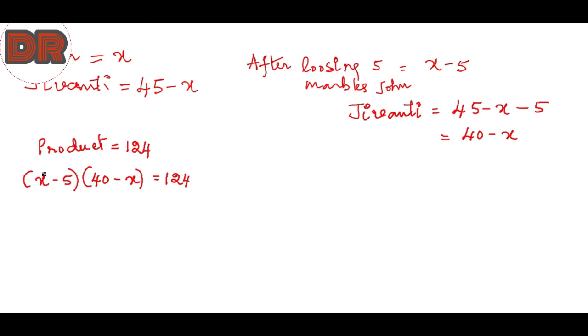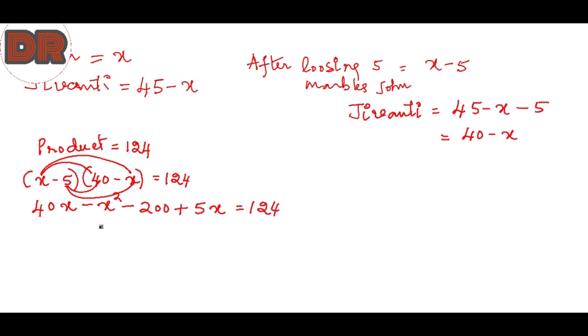Now we can multiply this. We have 40x, and x into minus x is minus x square, and we have minus 200, and minus 5 into minus x is plus 5x, equal to 124.